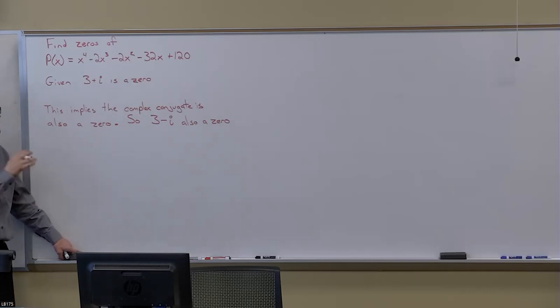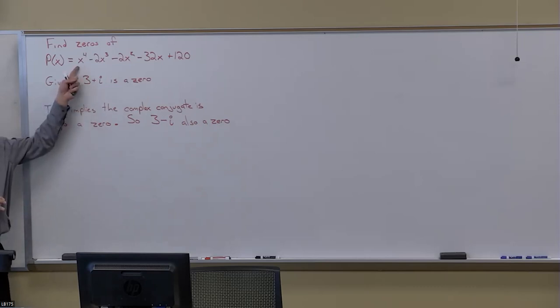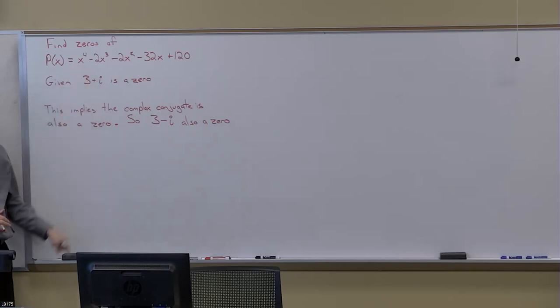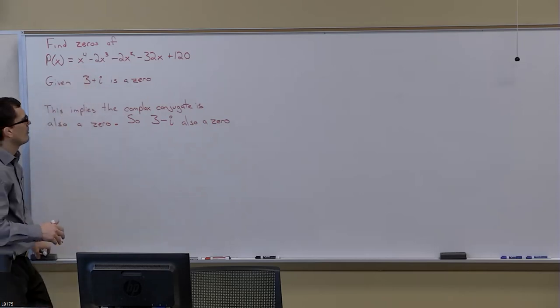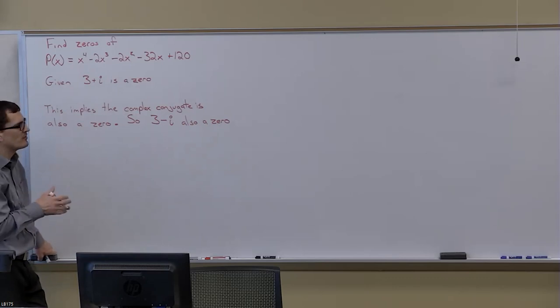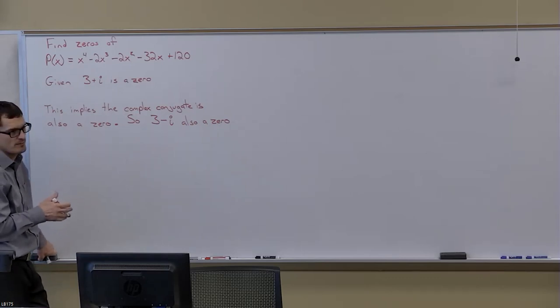Now there are multiple avenues to go and get the other 2 zeros, right? We're hoping that there are at least 2 more, counting multiplicities. So we're going to go look for those, and there are different ways of doing it.